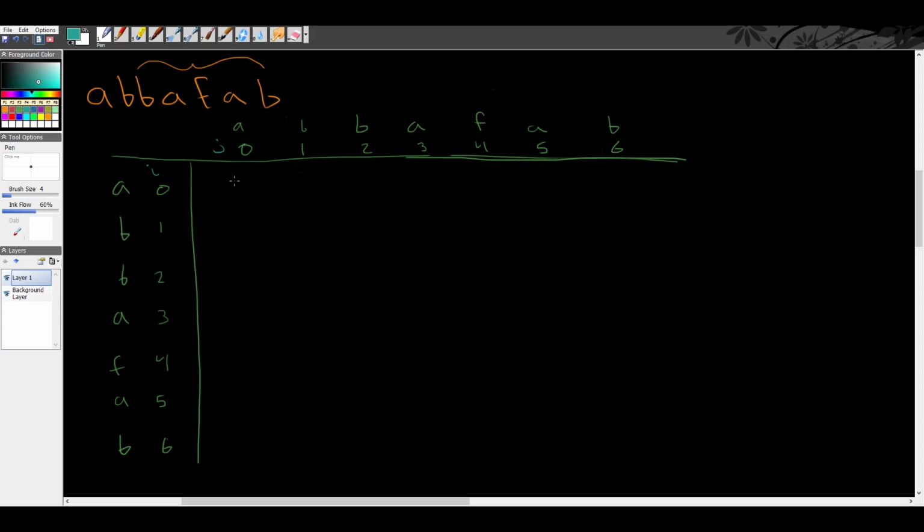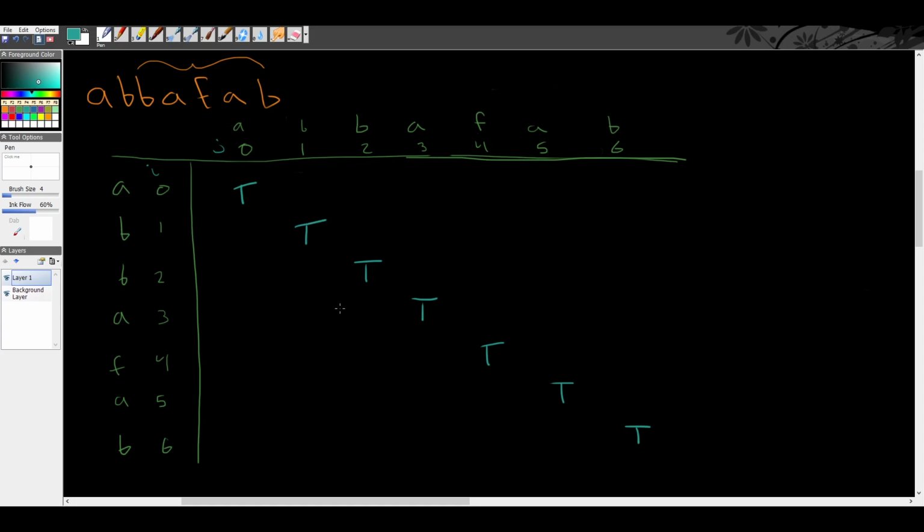And you'll see why that helps us. Is 0 to 0 a palindrome? Yes. Is 1 to 1 a palindrome? Yes. 2 to 2 a palindrome? Yes. Any character by itself is just a palindrome, right? Any string of length 1 is a palindrome by definition.